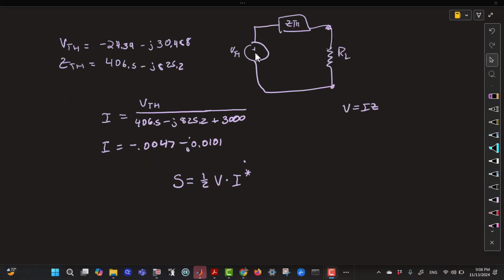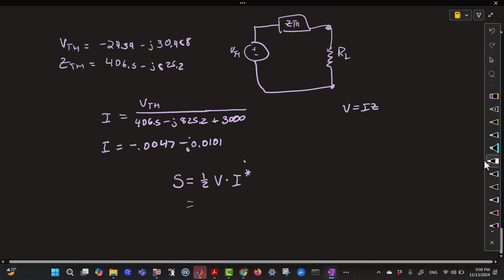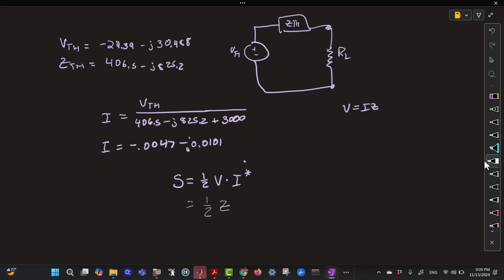So to find the voltage across RL, you would just use Ohm's law, voltage is just the current times the impedance, and so that equals 1/2 ZL times I times I conjugate.